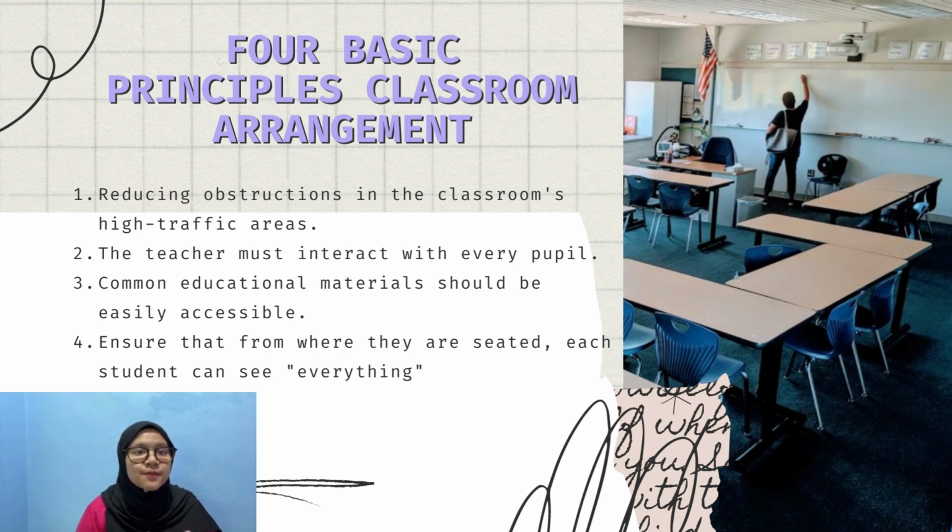Secondly, the teacher must interact with every student. Making sure the teacher can keep an eye on every student is one of the most important leadership duties in the classroom. This is a highly challenging duty since the teacher must constantly be aware of every person in order to complete it.